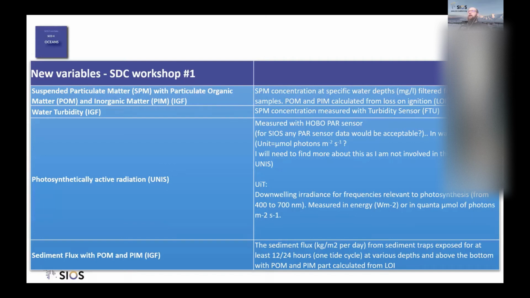So, as you can see, there is still work on adding new variables. The perfect situation is when any of the SIOS member institutions commit that they will propose a variable and also deliver the data in a timely manner.